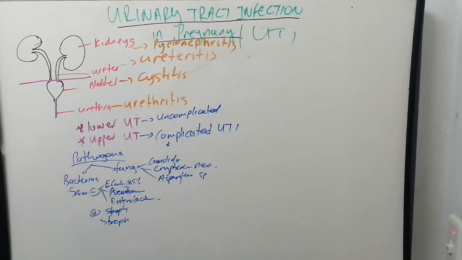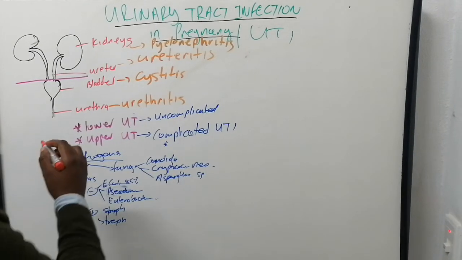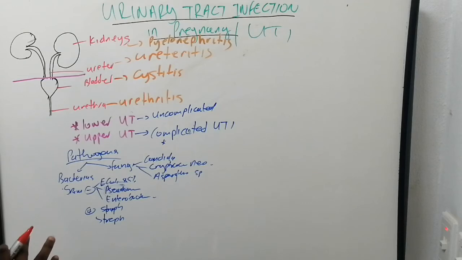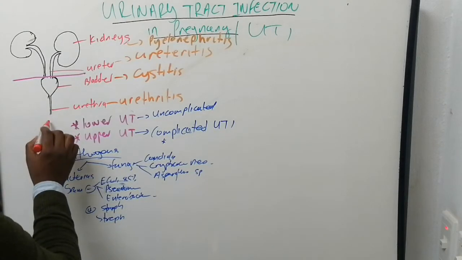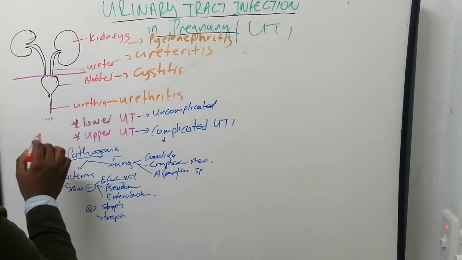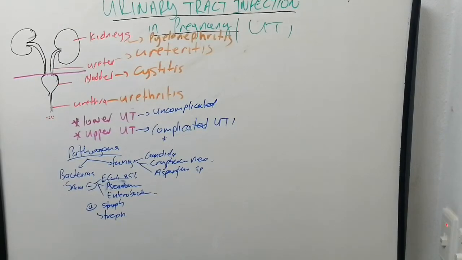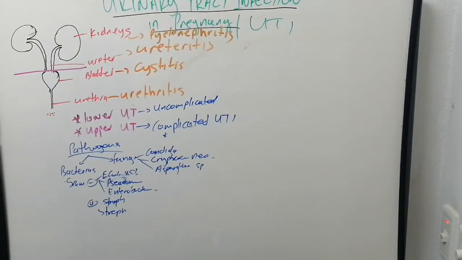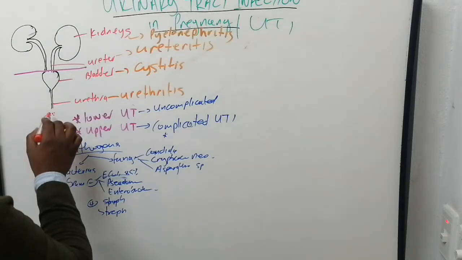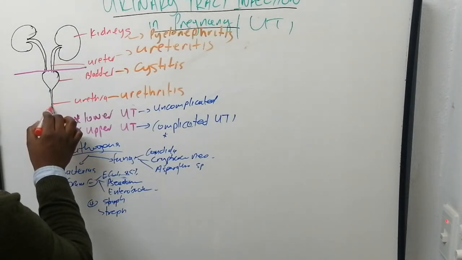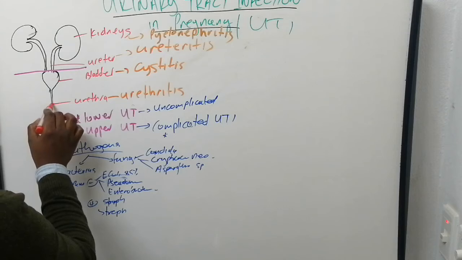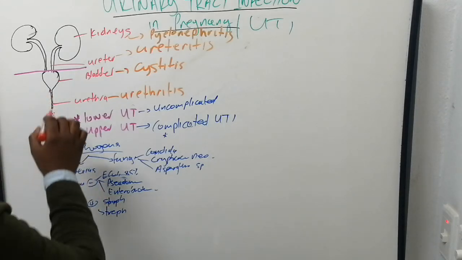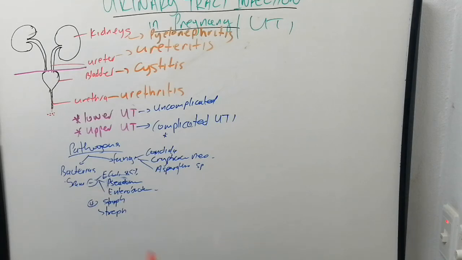So usually the infection is ascending. It's an ascending infection. You get some bacteria that have colonized the perineum, the perianal area, and they start to move up the urethra and cause urethritis.